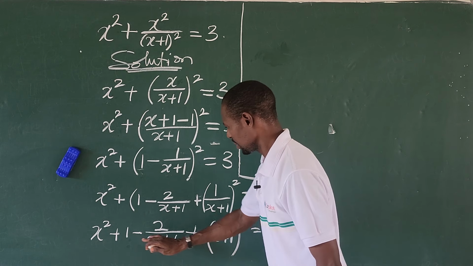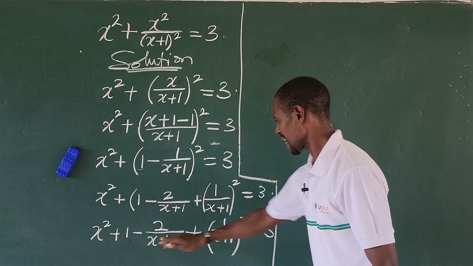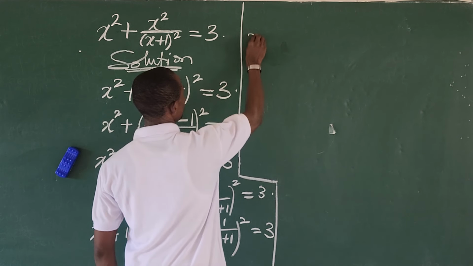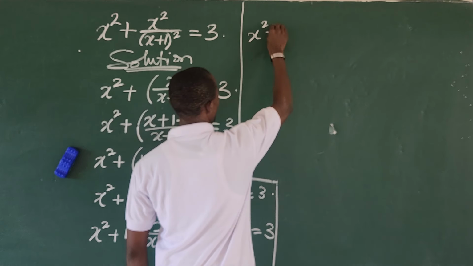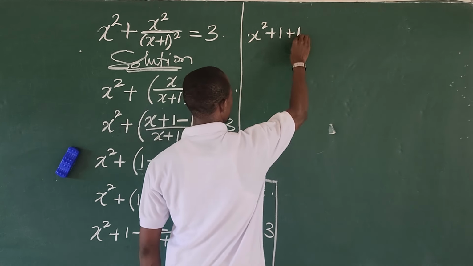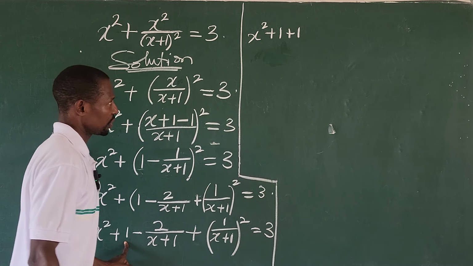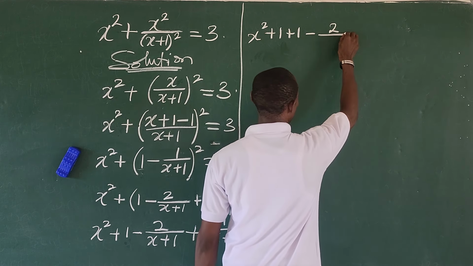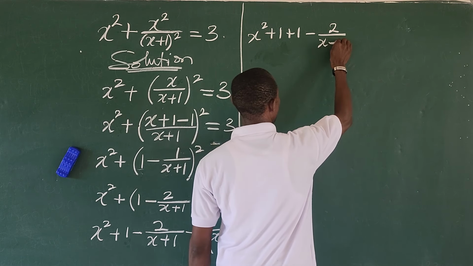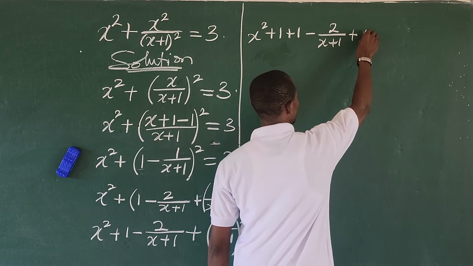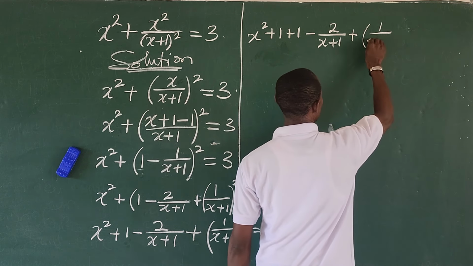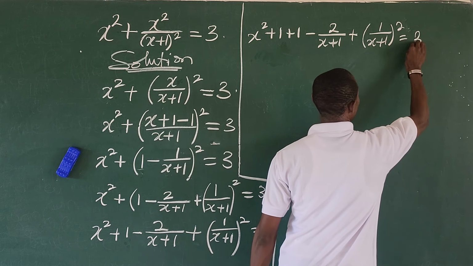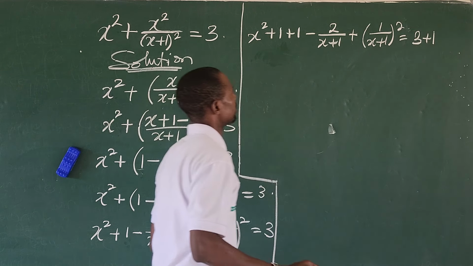At this point, what do we do? We just have to add 1 to both sides of this equation. So let's go ahead and add 1 to both sides. So it's going to give us x to the power of 2 plus 1 plus 1. So we have plus 1 here already. Then minus 2 all over x plus 1, then plus bracket 1 all over x plus 1 all to the power of 2, equal to 3 plus 1.